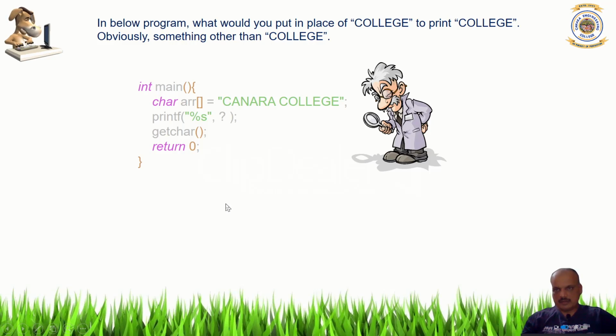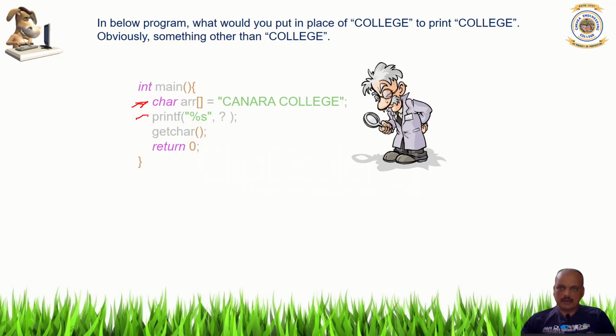Okay fellows, so the question here is, I have a code snippet. I have my main function, and given here is a character array, which is a string, initialized to the string Canada College.